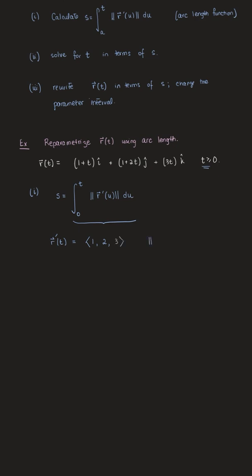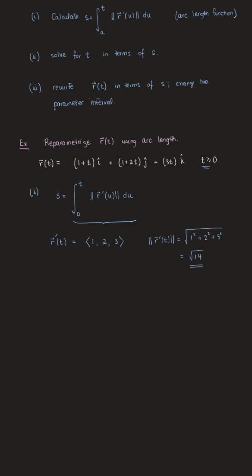Now when we find the magnitude of r prime of t, we're going to get the square root of 1 squared plus 2 squared plus 3 squared. So that is the square root of 14. Because that's not 1, we know that our curve is not currently parametrized in terms of arc length. If it were, this value would be equal to 1, but it's not.